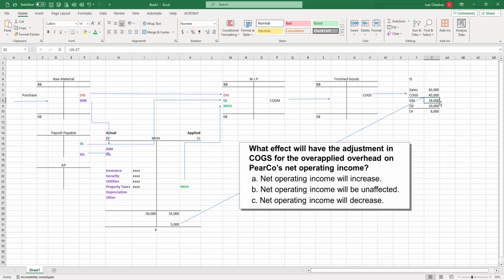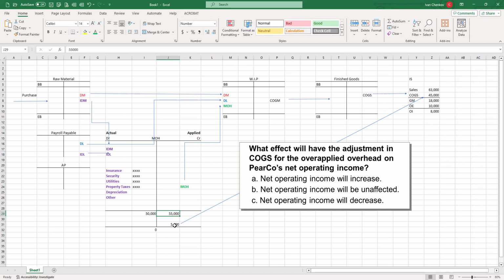So again, what do we have to do? We have to make an adjustment in the cost of goods sold, correct? Why do we have to make an adjustment in the cost of goods sold? Because we are over-applying the overhead.